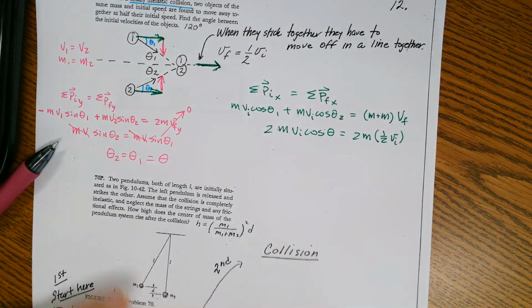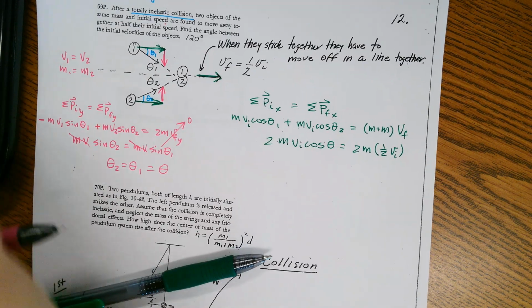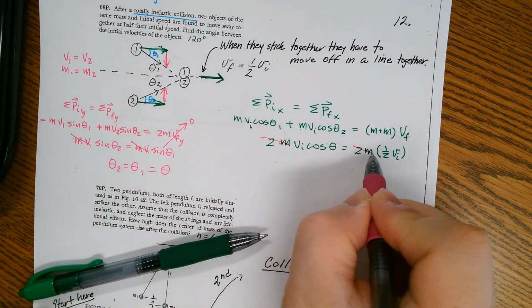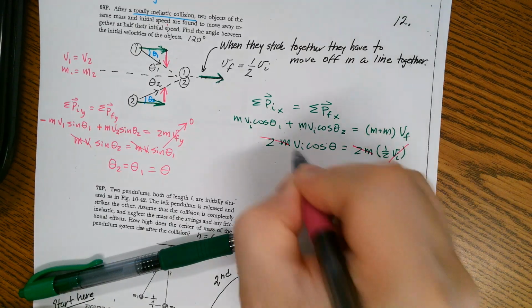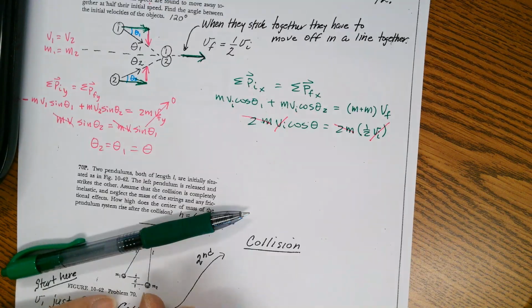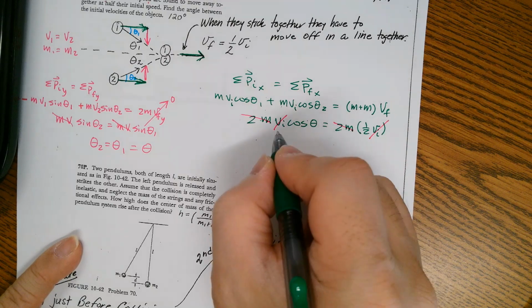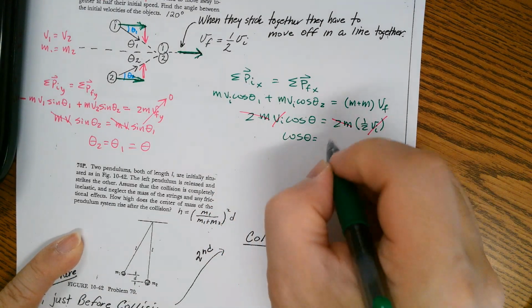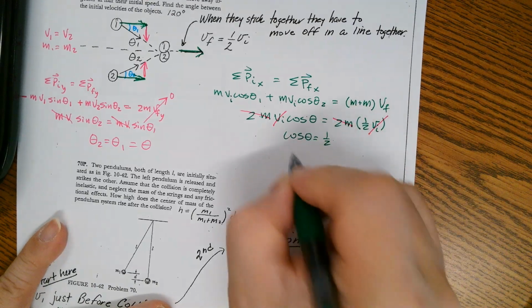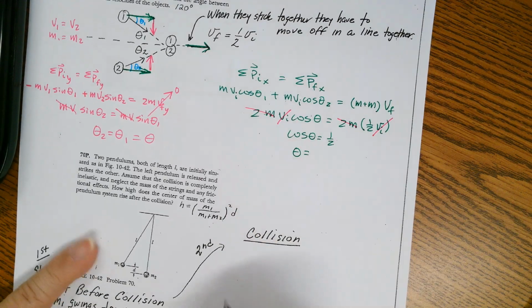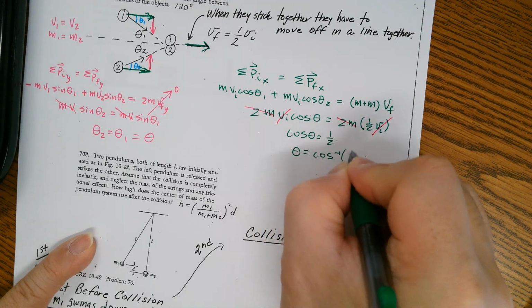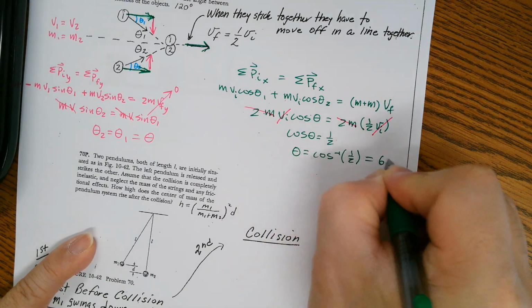Okay. So first of all, the 2m's can cancel out. The v's can cancel out. So what do I have? I have cosine of theta is equal to 1/2. So theta is equal to cosine inverse of 1/2, which is equal to 60 degrees.